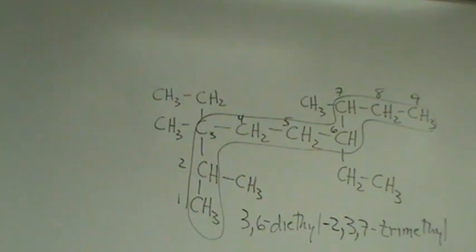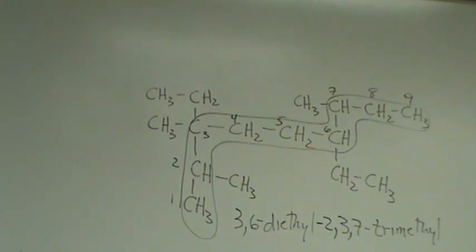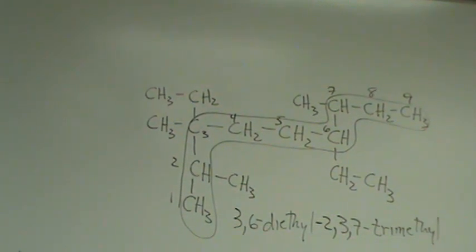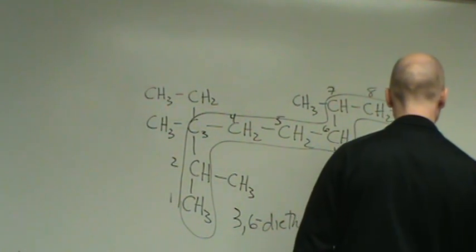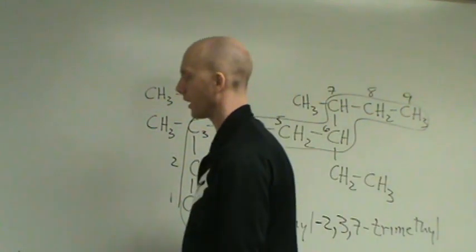So we have 2,3,7 trimethyl. Okay. So again, the number of numbers better match your prefix. And now the parent chain for nonane.